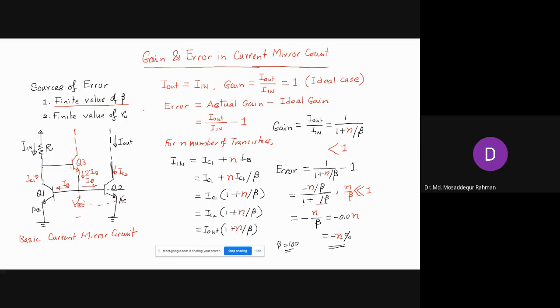No, this is the emitter side and this is the base side. How much current will be in the base?